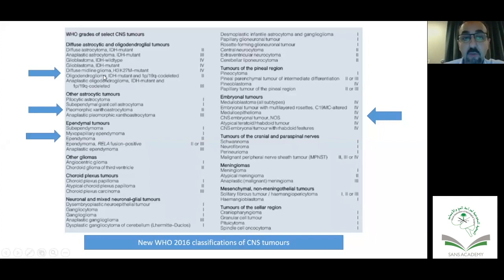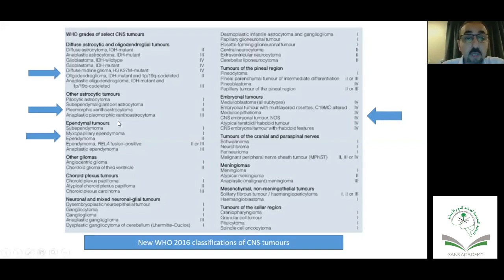Again, this is when you have the co-deletion and the IDH mutation at the same time. This tumor, diffuse midline glioma, H3K27M mutant, is a new entity in the WHO classification. I did not cover it last time, but we will cover it in detail this time. It's a very important entity, and it has to be understood by all the residents and neurosurgeons to appreciate this new classification. It's going to be discussed in detail.